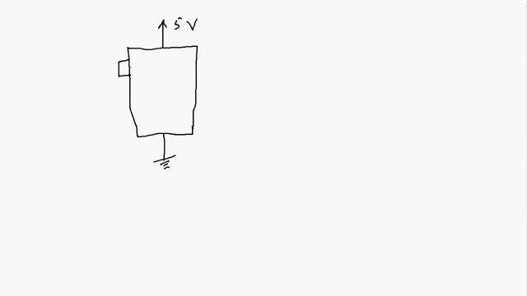But we can protect against that by connecting 2 diodes. One diode like this to ground, and one diode like this to the power supply, the VCC or VDD or whatever you want to call it. And then this is going to go to the circuit.